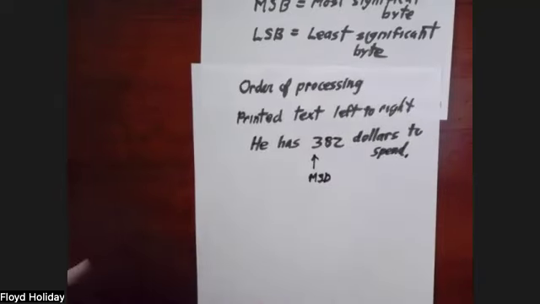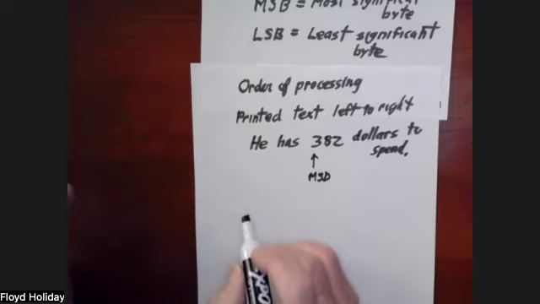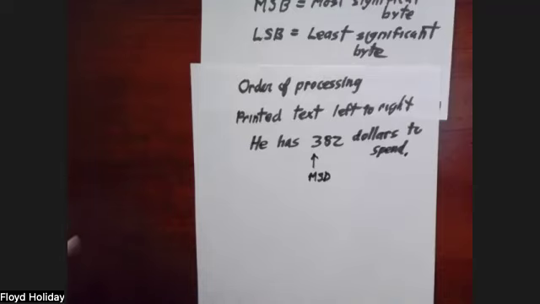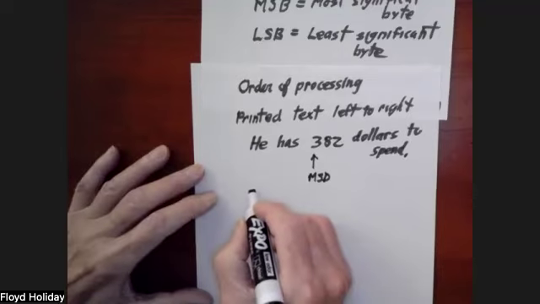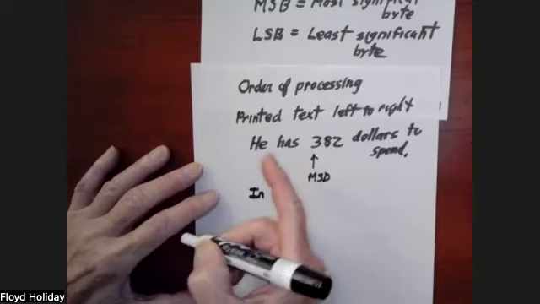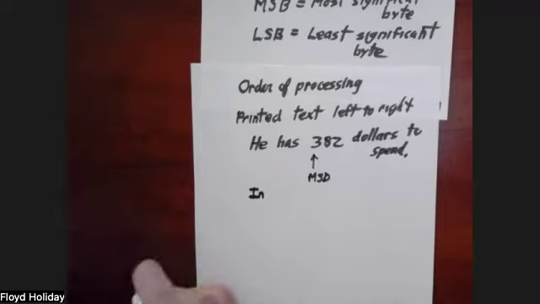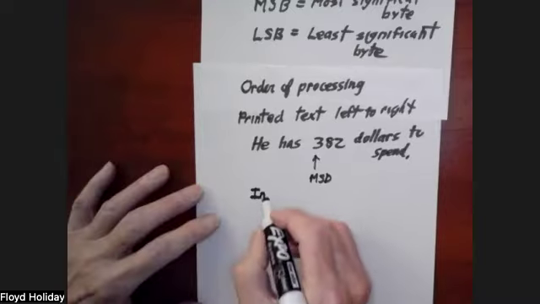Okay. When that kind of processing is in effect, we say the number is little, I said that wrong. When that processing is in effect, the number is big Endian. In what I just read, you read it in a newspaper, you read it in a book, your brain processes numbers big Endian style.